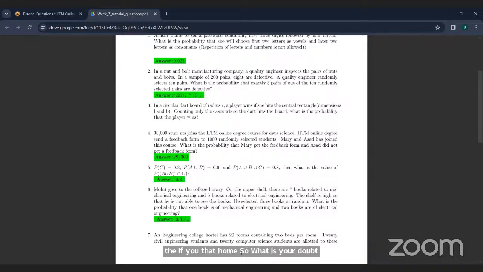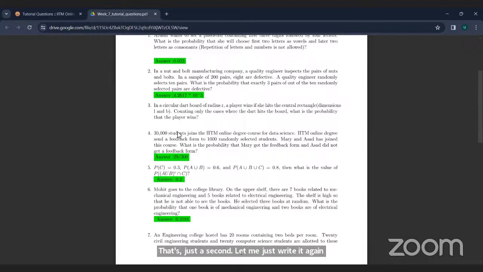Sir, I'm not getting the right answer in this particular question. Okay, so how many ways can you select 1,000 students? That's 30,000 choose 1,000.